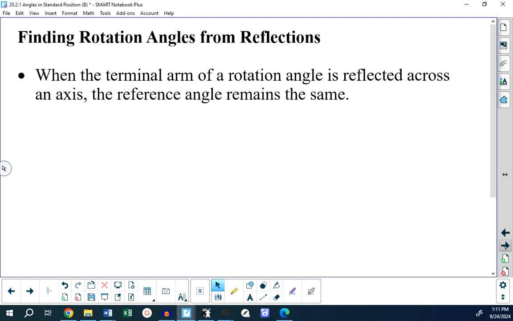So to begin with, we're going to be looking at finding rotation angles from reflections. When a terminal arm of a rotation angle is reflected across an axis, the reference angle remains the same. This is crucial.